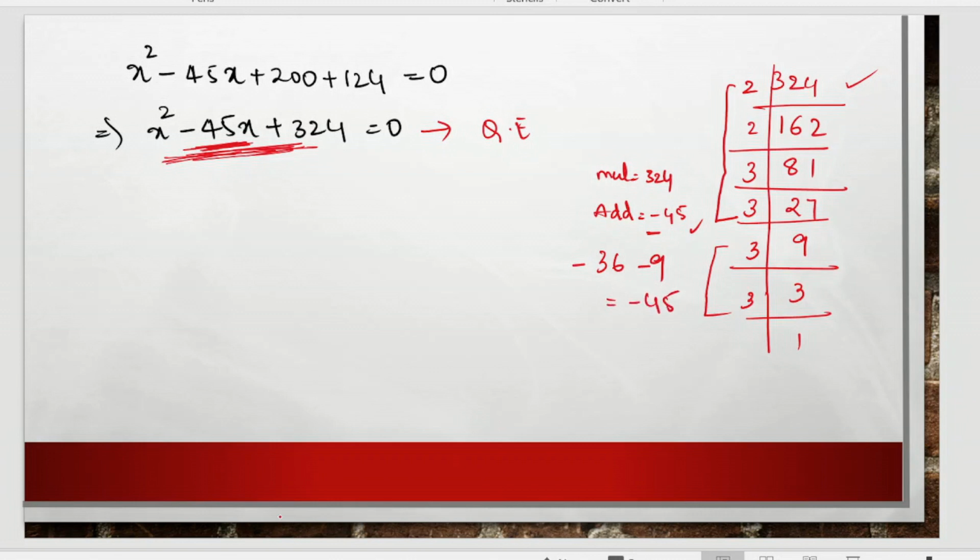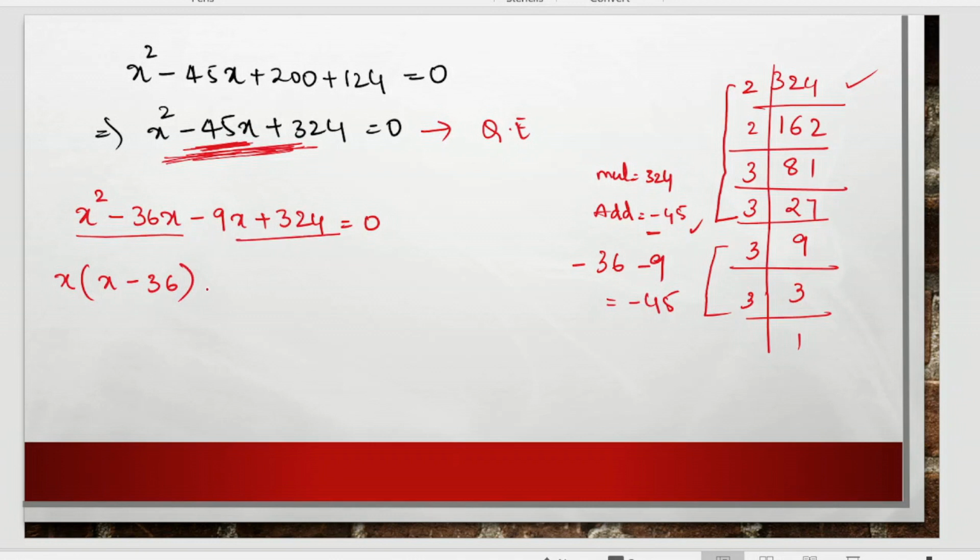Clear? Now let us split the middle term: x square minus 36x minus 9x plus 324 equals 0. From the first two terms, if you take x common, you will get x minus 36.